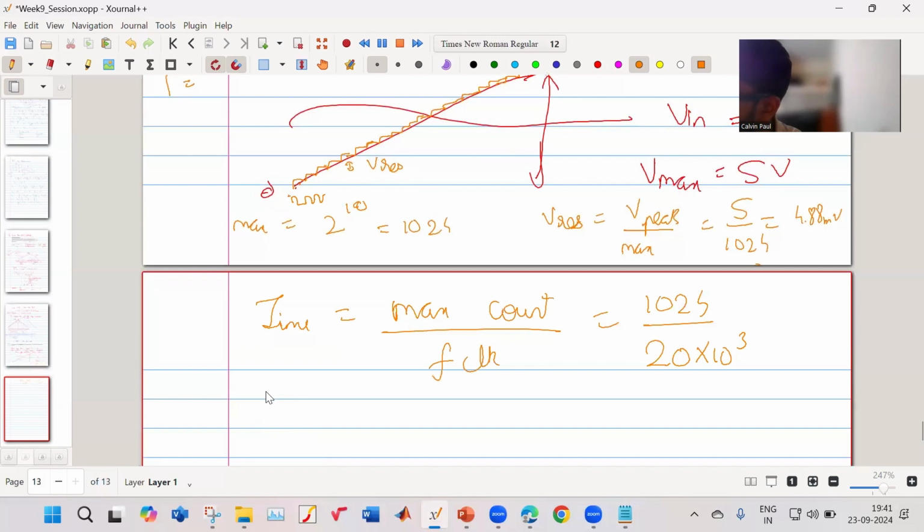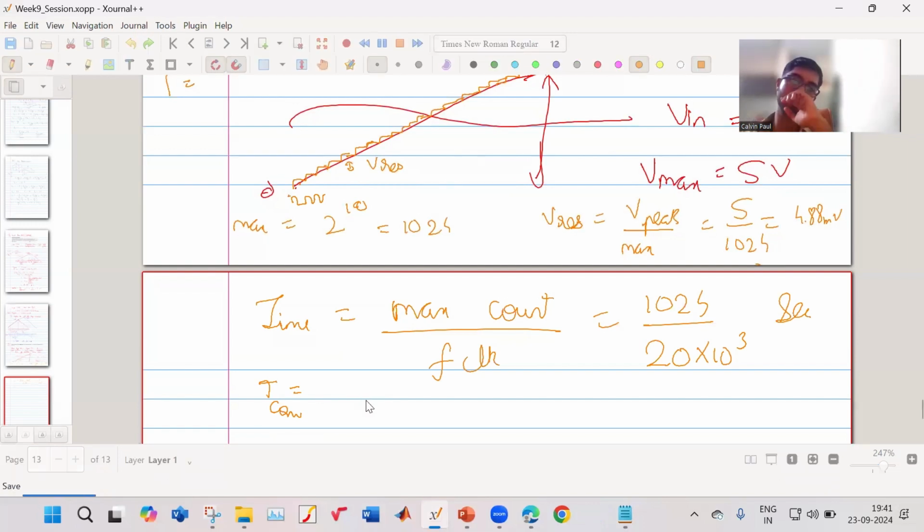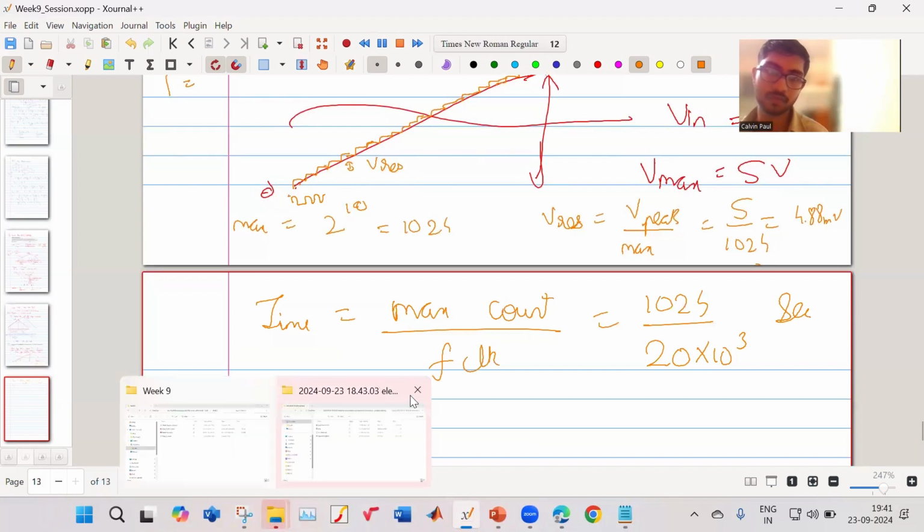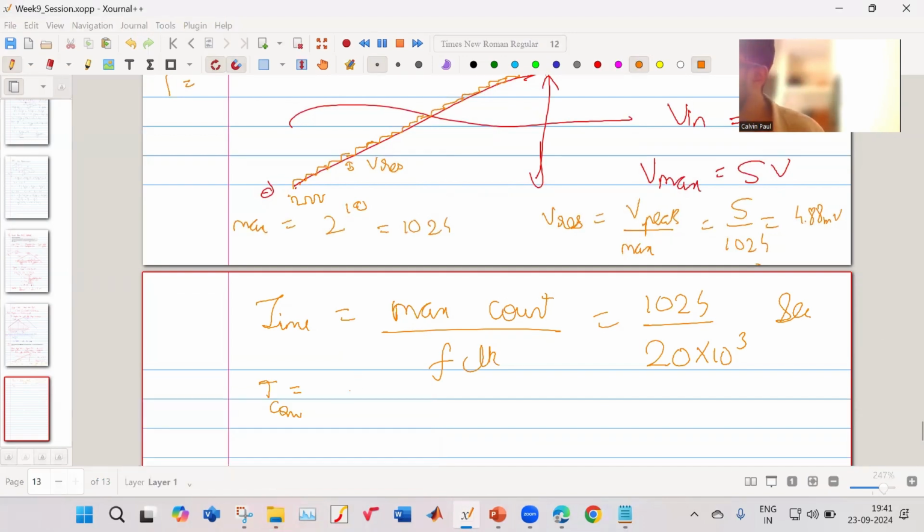Time in milliseconds will be equal to 51.2 milliseconds.